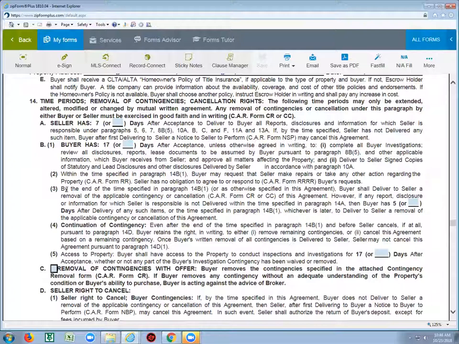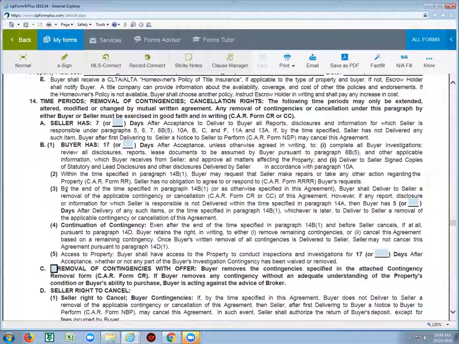Number 3, by the end of the time specified in paragraph 14B1 or as otherwise specified in the agreement, buyer shall deliver to seller a removal of the applicable contingency or cancellation of this agreement. However, if any report, disclosure, or information for which seller is responsible is not delivered within the time specified in paragraph 14A, that means what? 7 days.